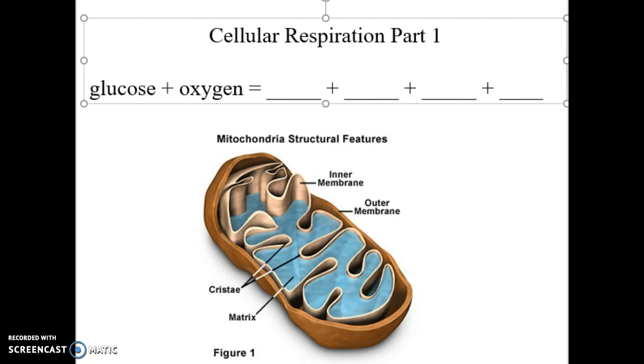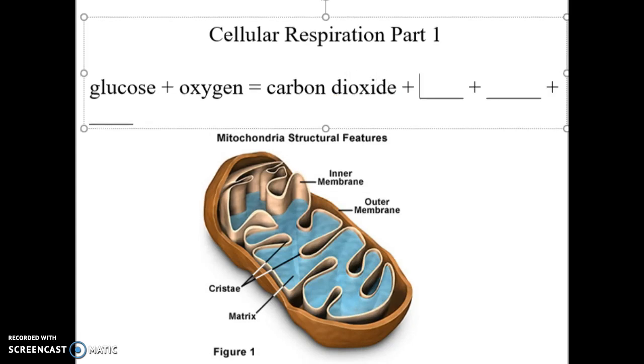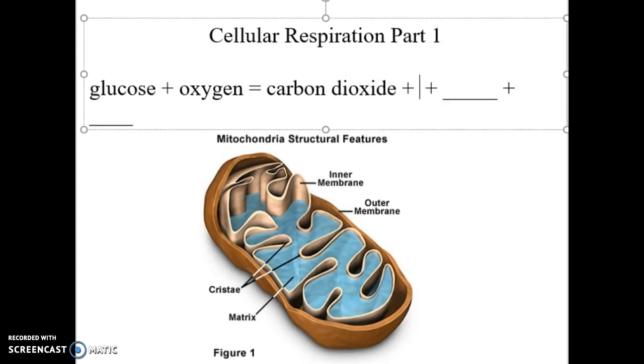So glucose and oxygen go in, goes through a series of reactions, 4 different steps, and then it produces end products. Carbon dioxide, or CO2, water or H2O, heat, because we've talked about the laws of thermodynamics.